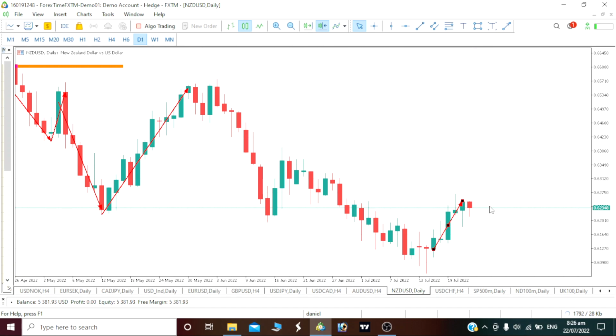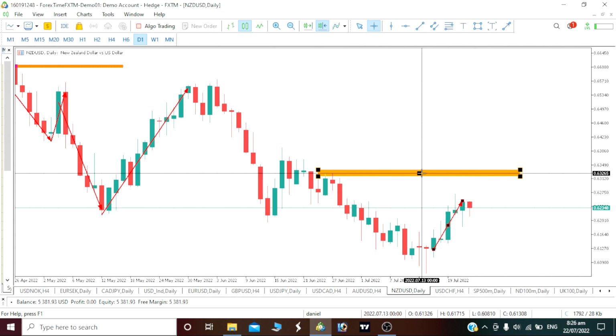We should continue to go bullish, at least to this key level here, which is about 0.63265. We should be aiming to go bullish till 0.63299. So that is exactly what I'm aiming for.